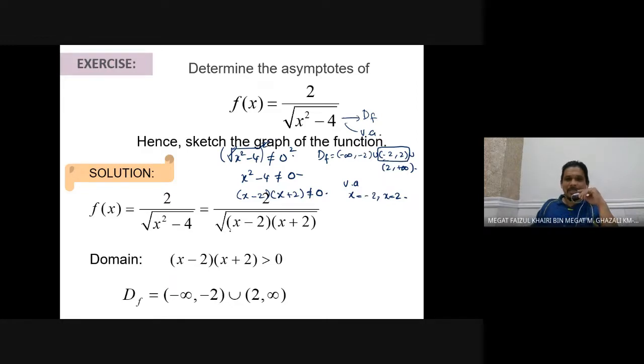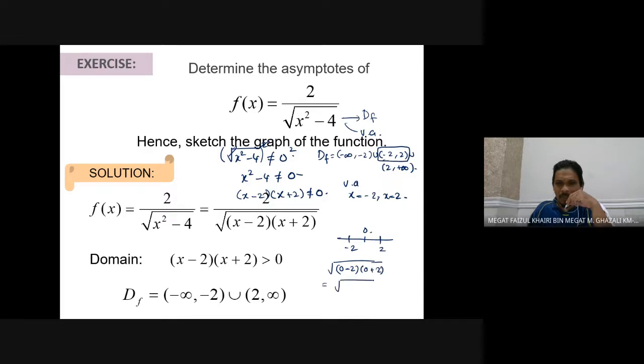Oh, yes, yes, yes. Okay, class, I made a mistake here. Let me explain the mistake. Let's say from -2 until 2, if I choose x equal to 0, we have 0 minus 2 and 0 plus 2.